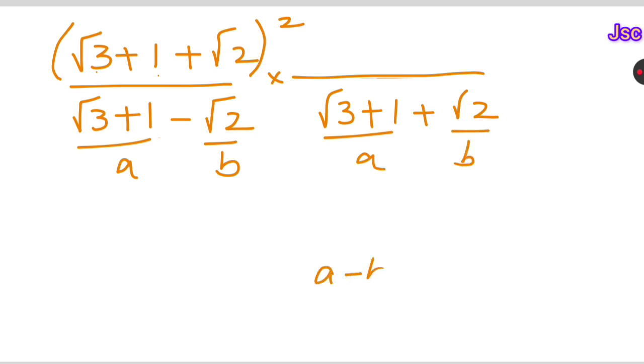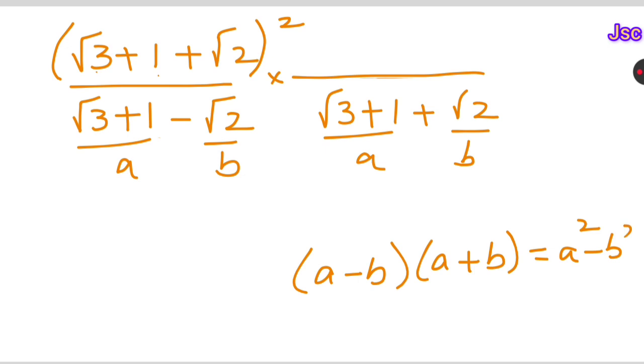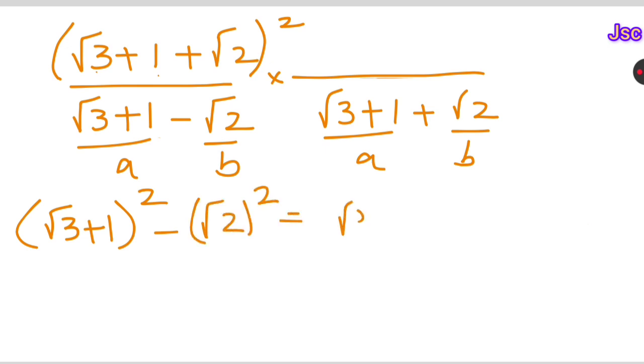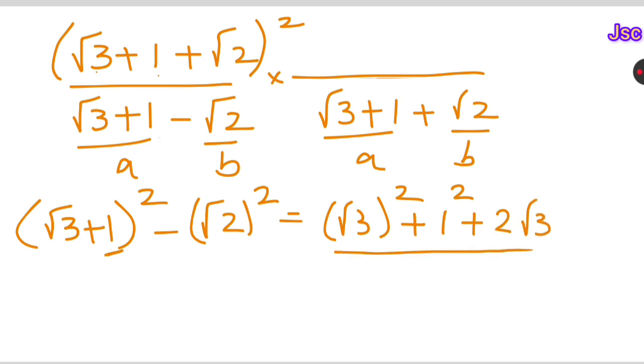So a minus b times a plus b, the formula is a square minus b square. So let's write that: root 3 plus 1 whole square minus root 2 whole square. Square root and square of 2 get cancelled, you are left with only 2.